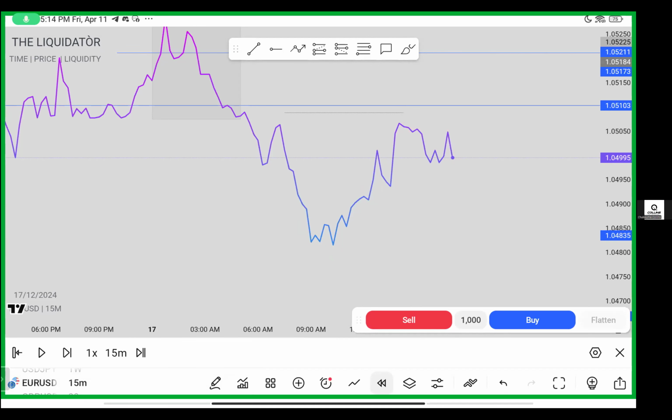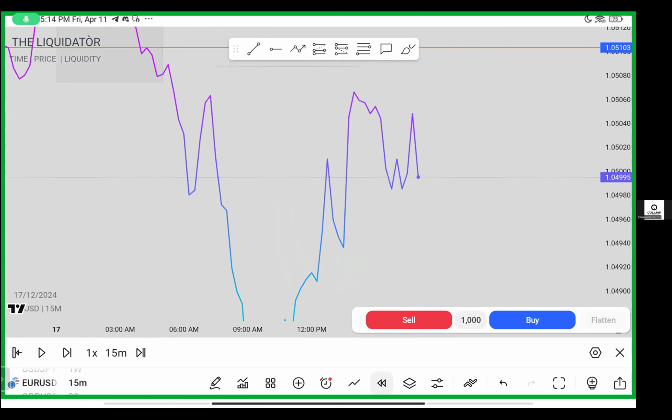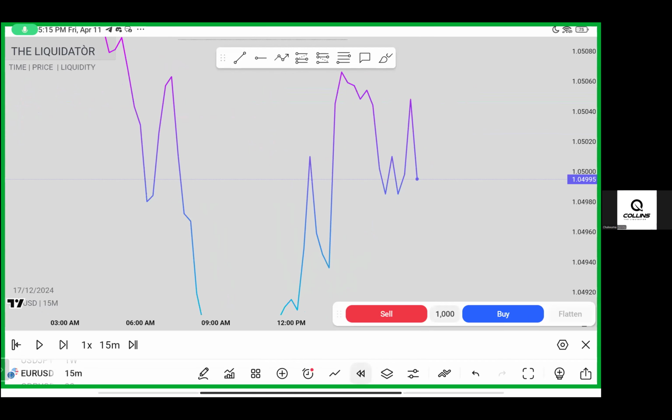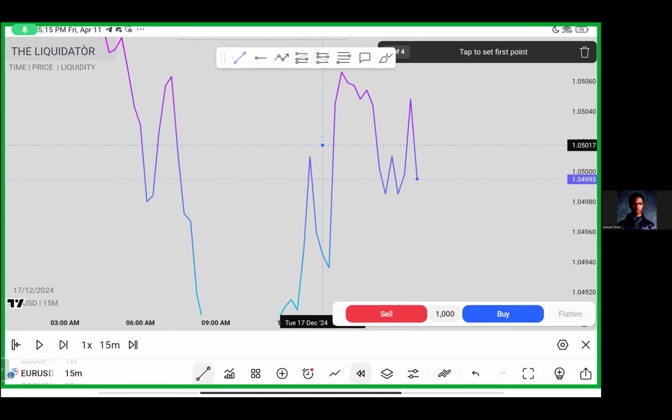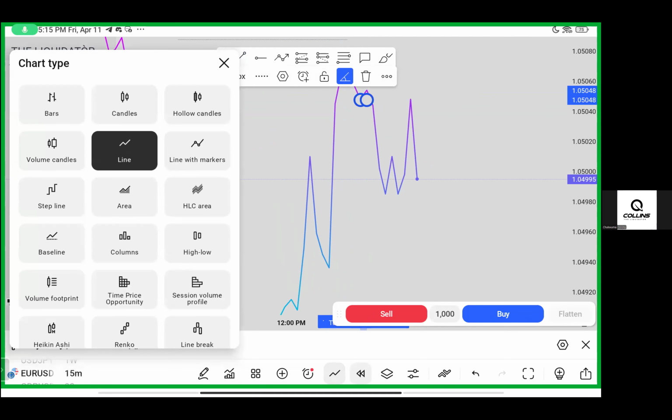Okay, it looks like there was a break of structure, but let's try and wait because this kind of break of structure looks confusing. It looks like there was a break, but wait for confirmation. We need to see how price is reacting.